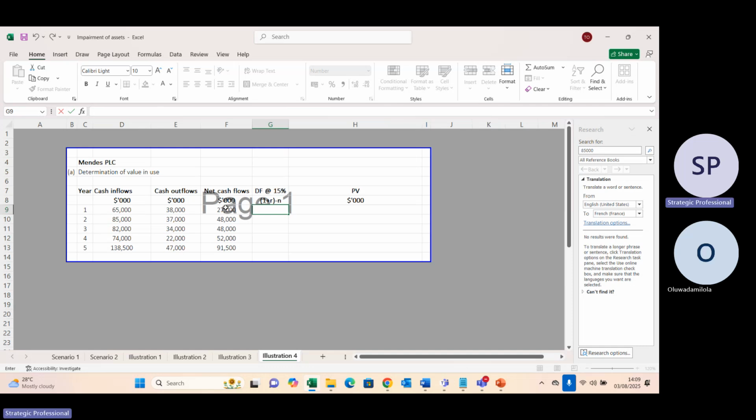Now, in doing that, do you have maybe your calculator? Yes, sir. Okay. So in your calculator, this is how you are going to do it.